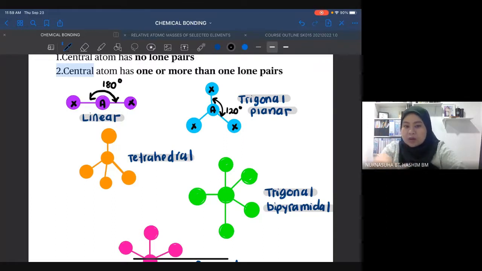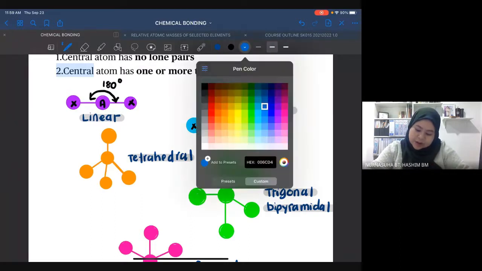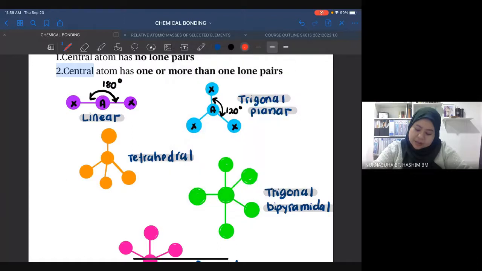Yalah, kalau satu pusingan 360 kan, so you divide by 3. Trigonal planar ni, planar tu maksud dia rata. Maksudnya dia bukan segitiga macam piramid tau. Maksudnya dia adalah segitiga yang rata.